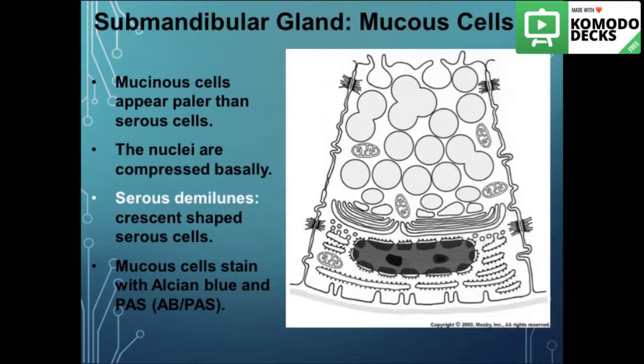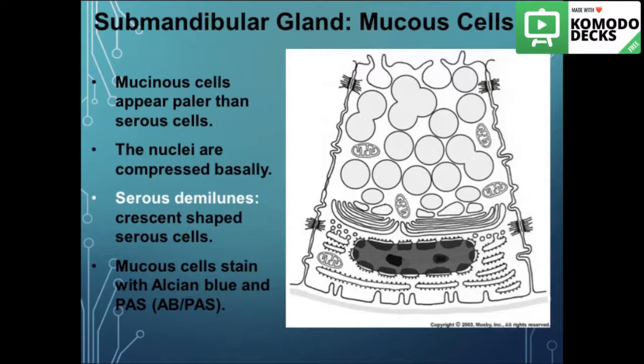Concerning the mucus cells, they appear paler than the serous cells. In the hematoxylin and eosin stain, the nuclei are compressed basally, as you can see, compressed to the side of the basal lamina.